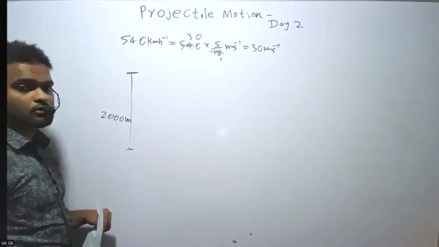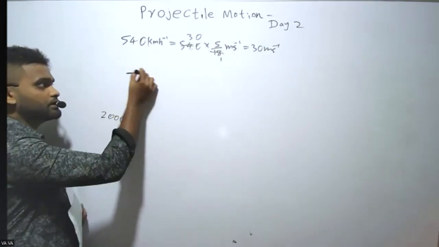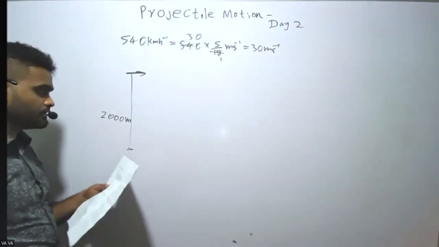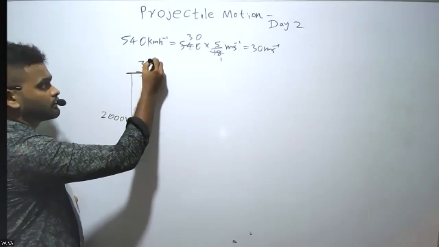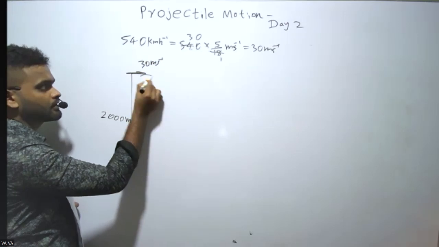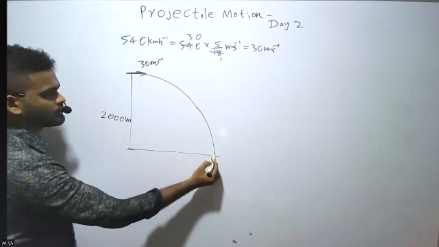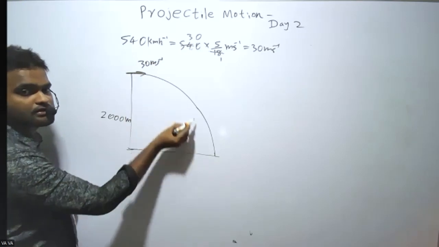Then it drops a bomb. The bomb doesn't fall like this, right? Due to the speed of the F-35, the bomb gains the initial horizontal velocity. So its motion will be like this. Once it is released from here, its motion will be like this.